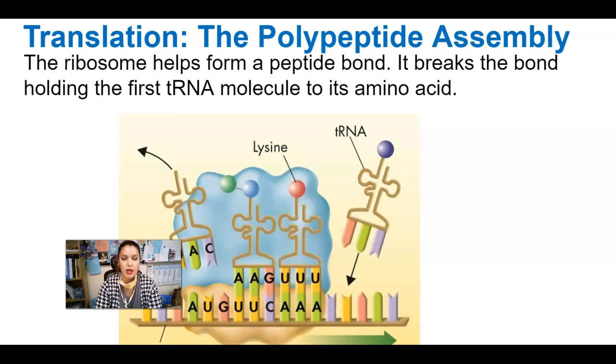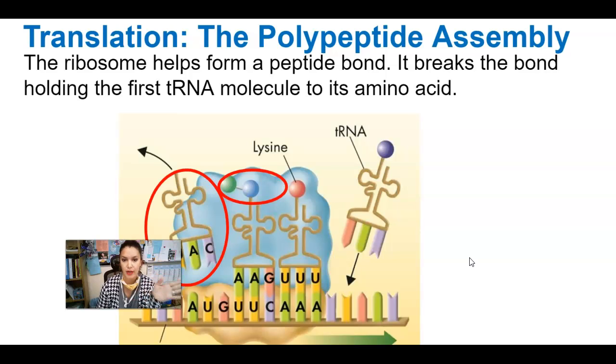All right, so translation is the polypeptide assembly. So we talked about what peptides were. They're one of the 4 macromolecules. They're proteins, right? So the ribosome helps form a peptide bond, and it breaks the bond holding the first tRNA molecule to its amino acid. So then it breaks it and it goes away, and what you're left with are these chains of amino acids.